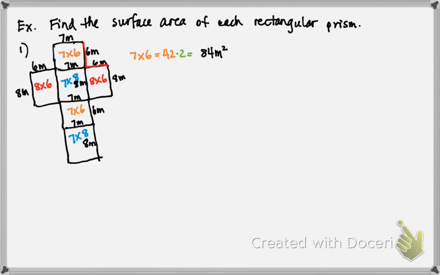And then I have 2 sides. One of them is 8 by 6, which is 48. But I'm going to get 2 of them, and that's going to give me 96 square meters. And then I'm going to have the last one, which is 7 by 8.